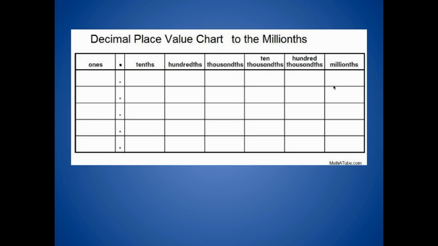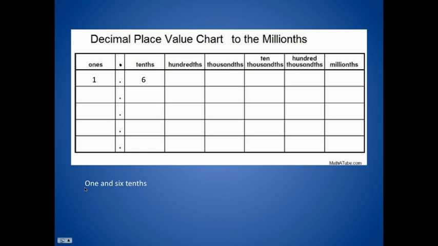For example, let me give a quick example of how you might use this in your classroom. Today we started with the decimal place value chart. We looked at it out to the millions. We learned that with the decimal point right here, whenever you see a decimal point and you're reading the number, you say the word "and." For example, if I had a 1 in the ones place, followed by a decimal point, followed by a 6, how would you say this number?